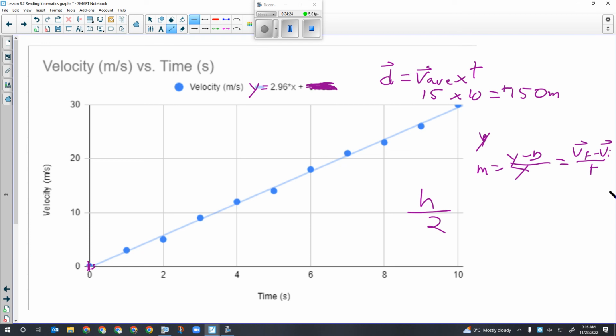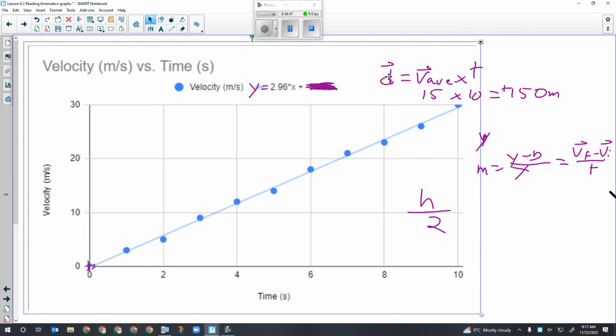Everybody okay with that? Did I just find the area of that triangle? And it worked, right? Because calculating that area means multiplying average velocity times time. Okay, questions there? Is that something I'm going to ask you to do over and over again? Yes.